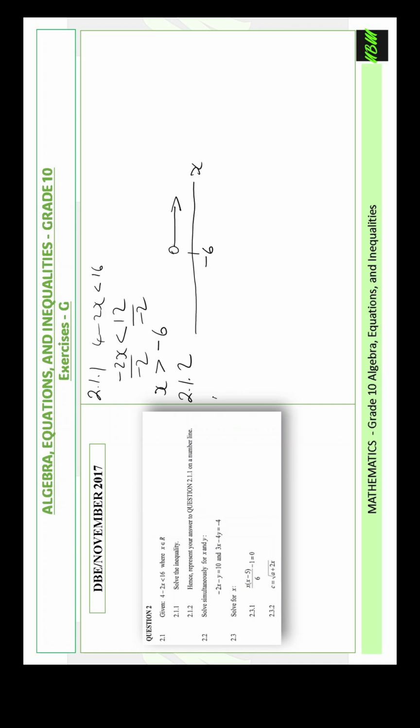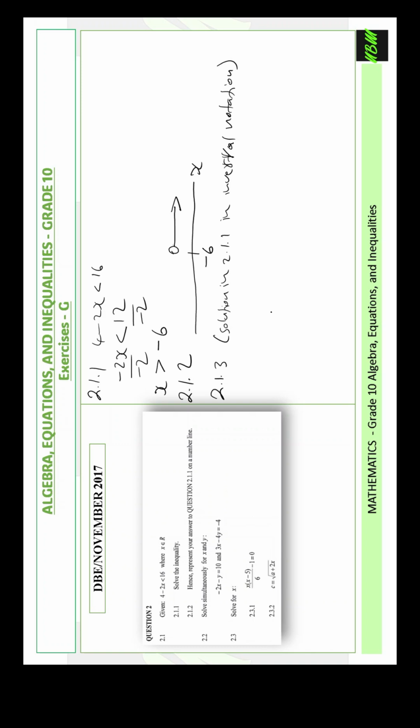Then let us add 2.1.3. We must now represent the solution in 2.1.1 using the interval notation.